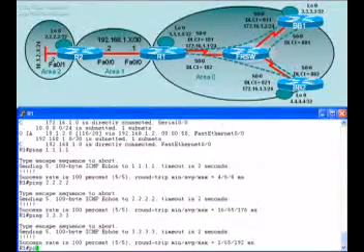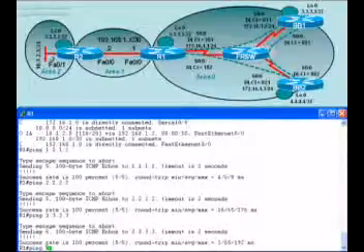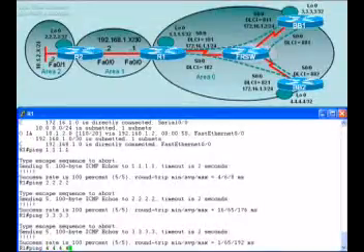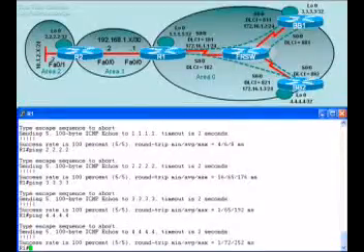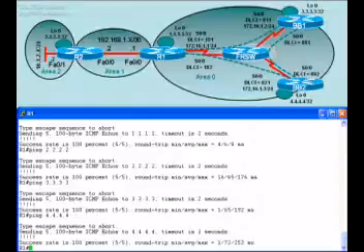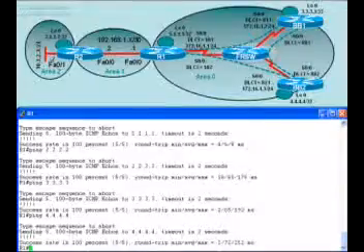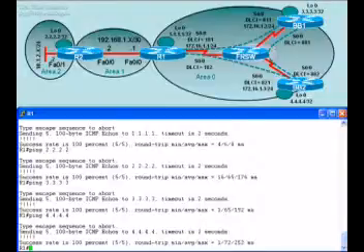And finally, let's ping router BB2 at an IP address of 4.4.4.4. That is how we configure a multi-area OSPF network when we have a non-broadcast OSPF network type, and even when we have an area that's not physically adjacent to our backbone area.